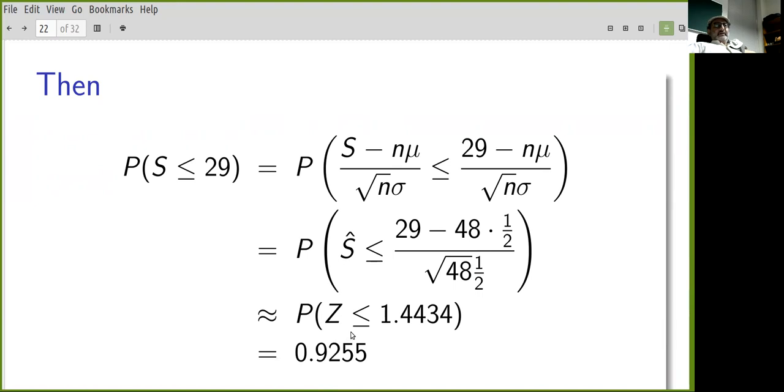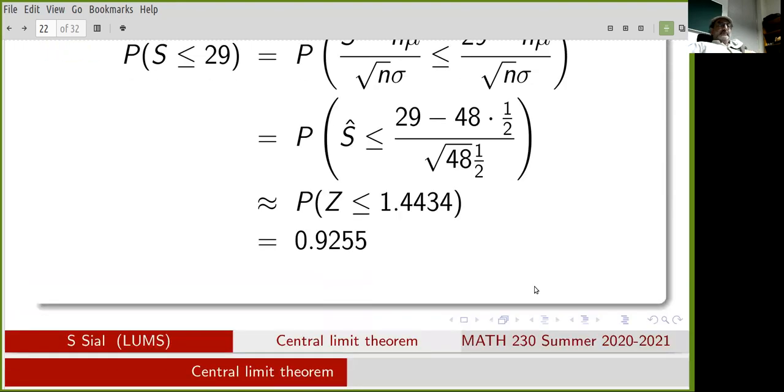So this is approximately equal. Now we invoke the central limit theorem because we meet all the conditions. So this is approximately equal to the probability that the standard normal is less than or equal to this thing on the right, which works out to 1.4434. And then if I check my Z table, I get 0.9255.